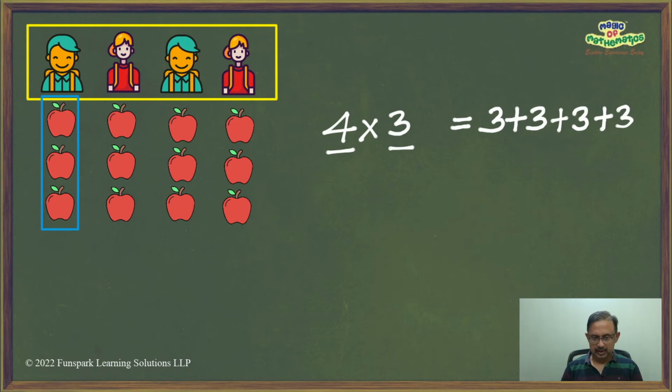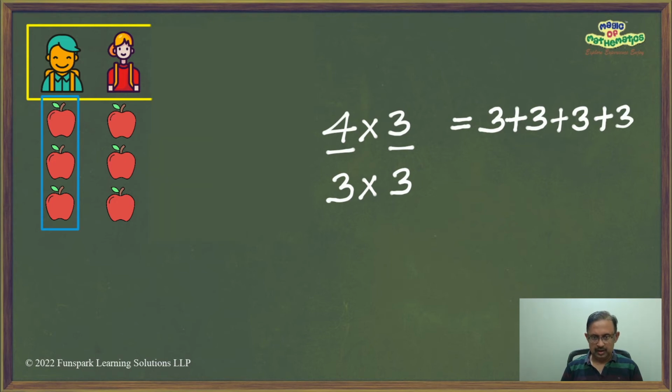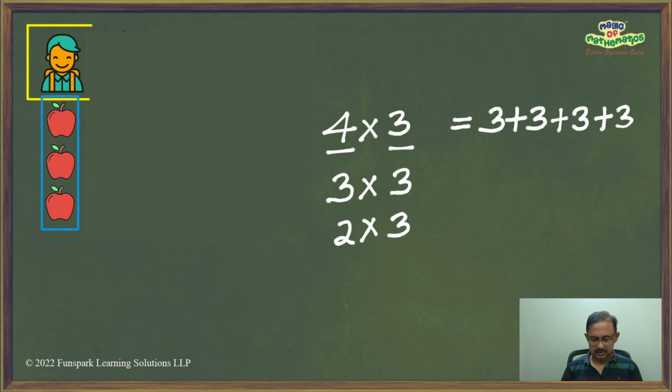Instead of 4, had there been 3 children, I would have used up 3 times 3 apples. If I reduce the class size further to 2, I would end up using 2 times 3 apples. And for one child, we would have 1 times 3 apples being used.